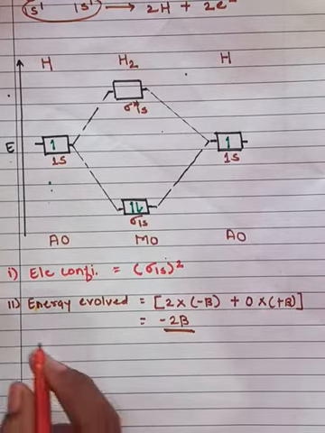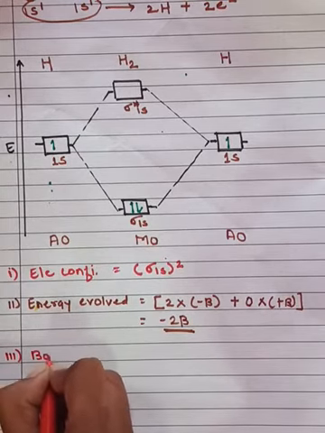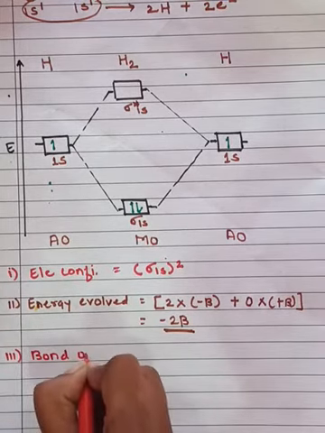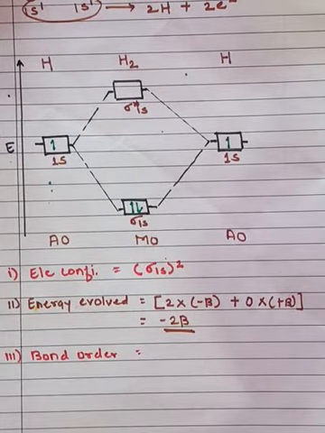This minus 2 beta value is known as the stabilization energy. Then let us move to the third factor, which is the bond order. So what is the bond order? Bond order indicates the total number of bonds between the two atoms, and it is given by the formula: bond order is equal to 1/2 into the number of electrons in BMO minus the number of electrons in ABMO.